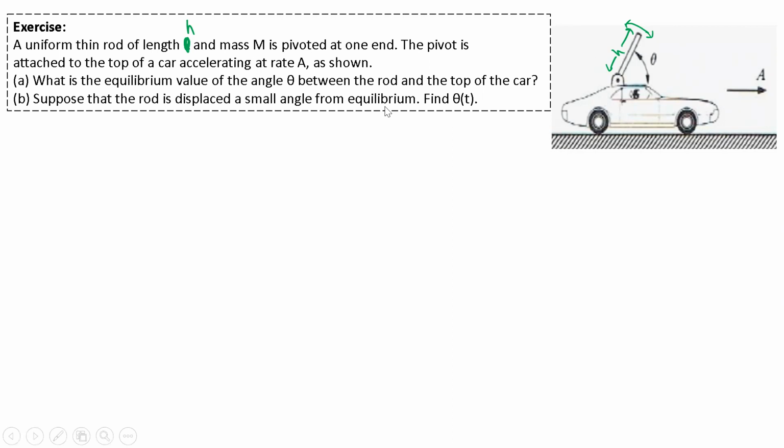What is the equilibrium value of this theta? So this car keeps accelerating, and the rod doesn't fall down, or doesn't flip to the other side. What is that so-called equilibrium value of theta? Let me call this theta naught.